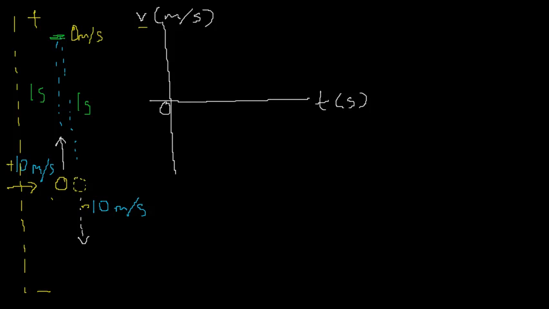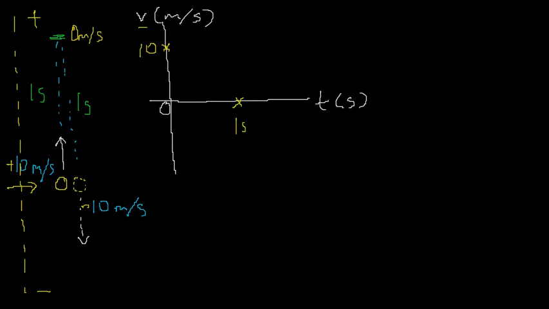Okay, so then we can try and plot our graph. At 0 time, the velocity is 10 meters per second. So we are there. Let's say that's 10, and after 1 second, it reaches the top, and reaches 0 velocity. So let's say we are somewhere there, and that's 1 second.